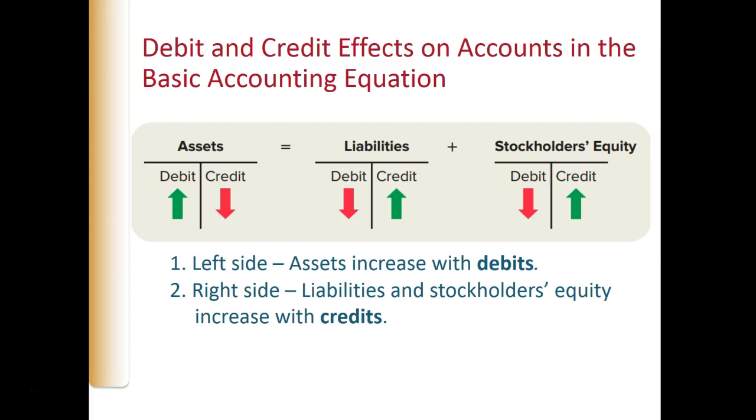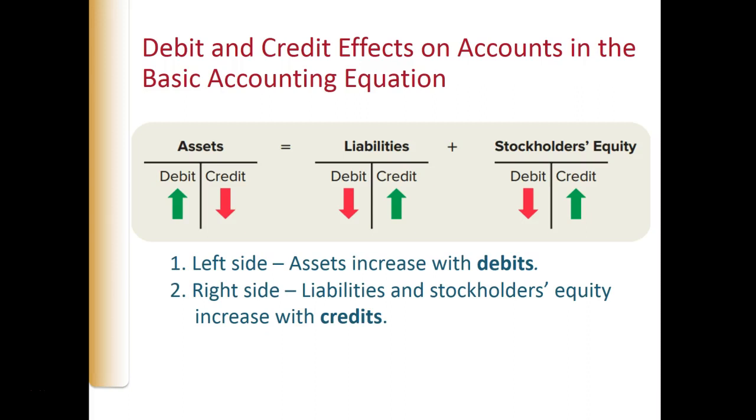However, when we want to decrease an asset, what are we going to do with it? Credit it. When we want to decrease a liability or a stockholder's equity account, we'll debit it.